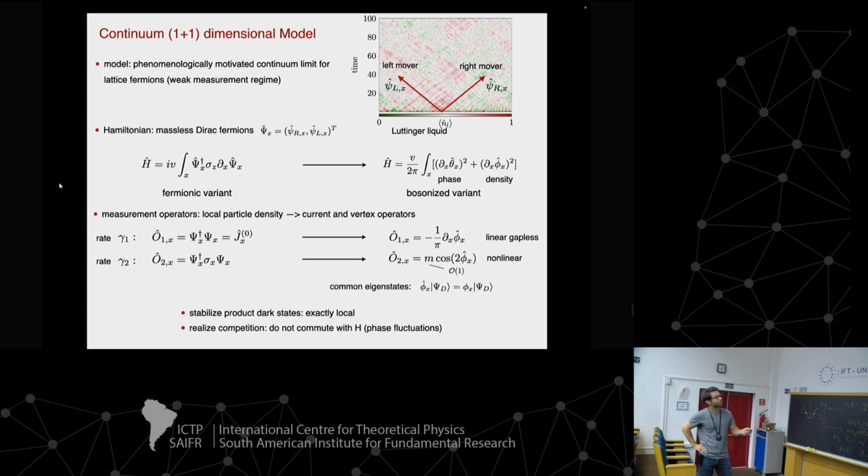But there's also the competition that we had in the original model, which is here represented in terms of these phase fluctuations. So even in this bosonic variant, even if we didn't go through the detailed steps, you preserve the competition of the underlying model, in the sense that we also find non-commuting operators. The phase theta and phi, the density, are conjugate variables in quantum mechanics, and this leads to the competition.